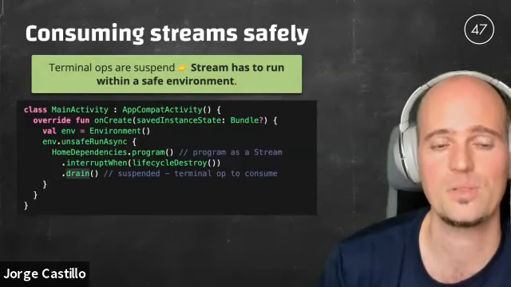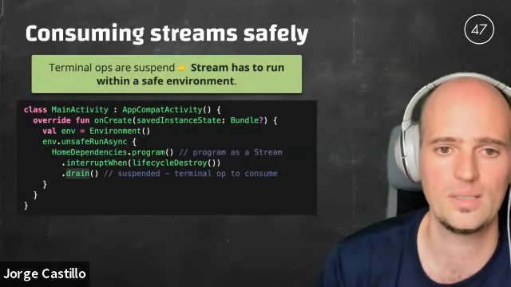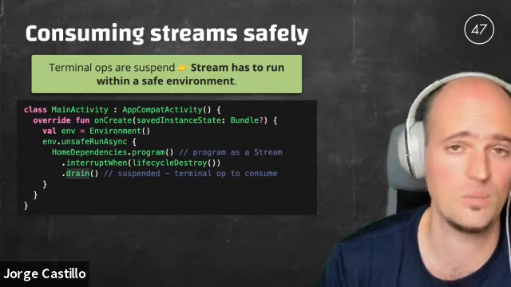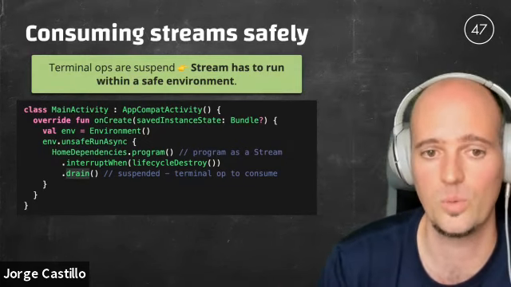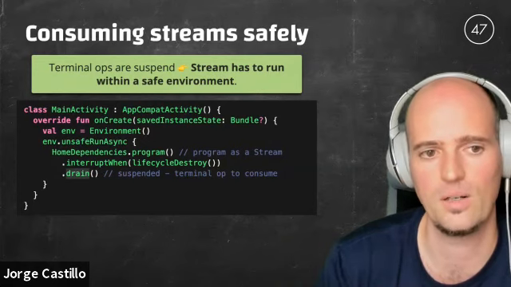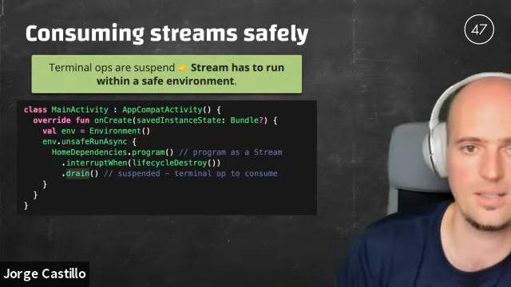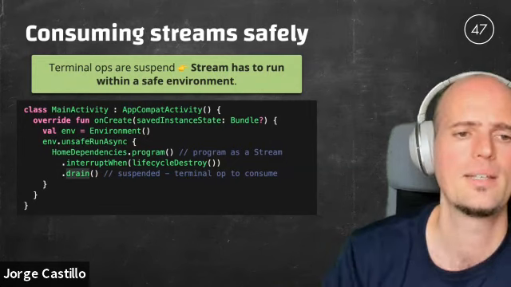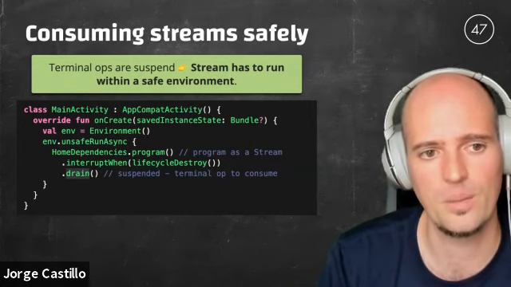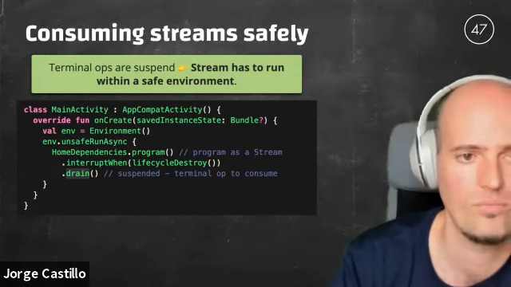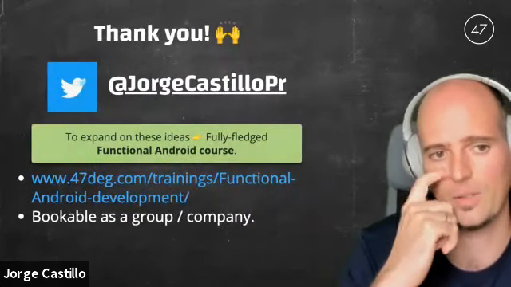So at that point, you want to do it inside of an actual environment. The same way you would consume, for example, a Kotlin coroutines Flow from within a coroutine, because otherwise you are not allowed to. Same idea, okay? This is where we want to consume the stream, so we are going to need to provide an environment for consuming it. And that's all I had for you today.